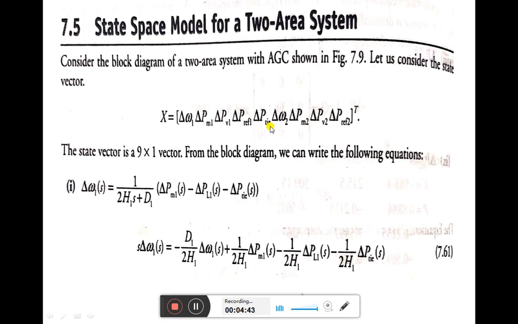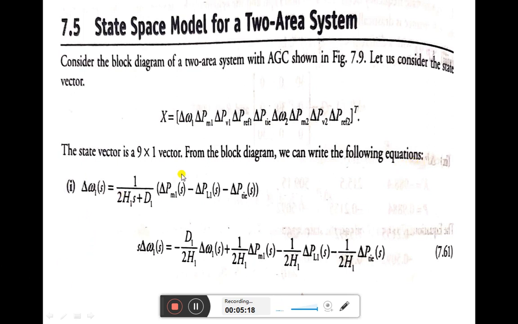Just now in the previous slide I was telling you what these 9 variables are. So these first 4 variables are from area 1, these 4 variables are from area 2, and this is the variable from the interconnected tie line. Okay, so a total of 9 variables we are considering. So this state vector is a 9 cross 1 vector. Okay, from the block diagram we can write the following equations.